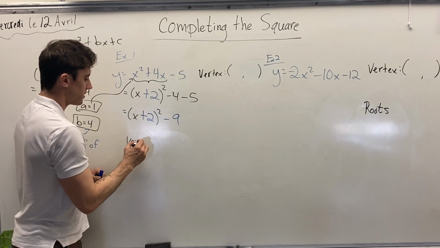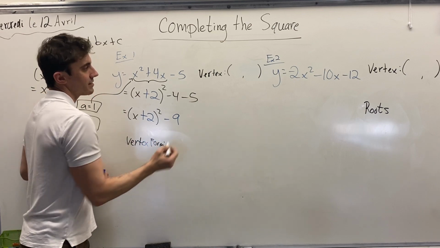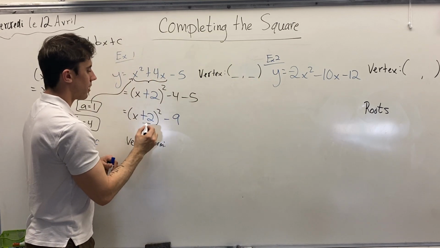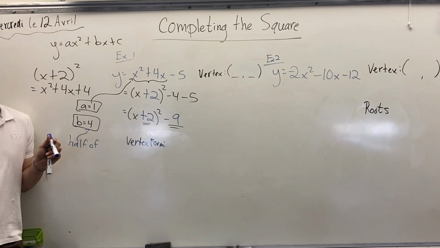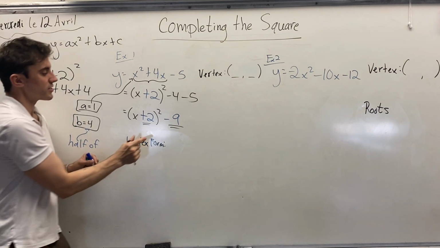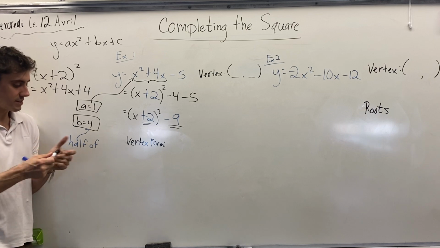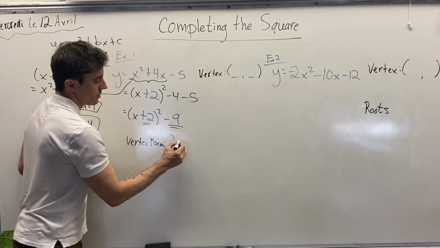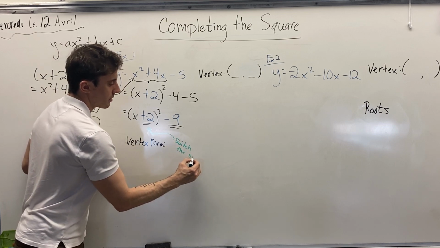So this is what we call vertex form. And the coordinates of our vertex are given to us by these two numbers here. The only thing we need to remember is we have to switch the sign of the x coefficient. So I'll write that in with the green marker, make it stand out, switch the sign.